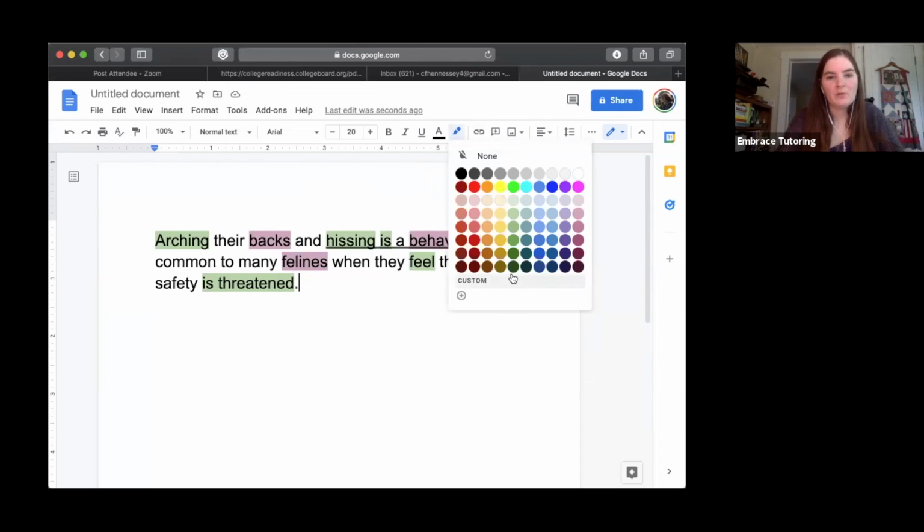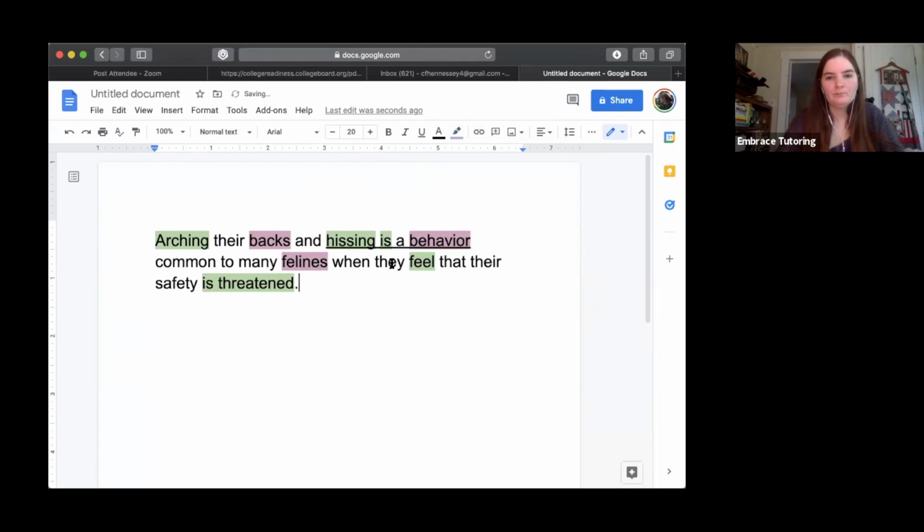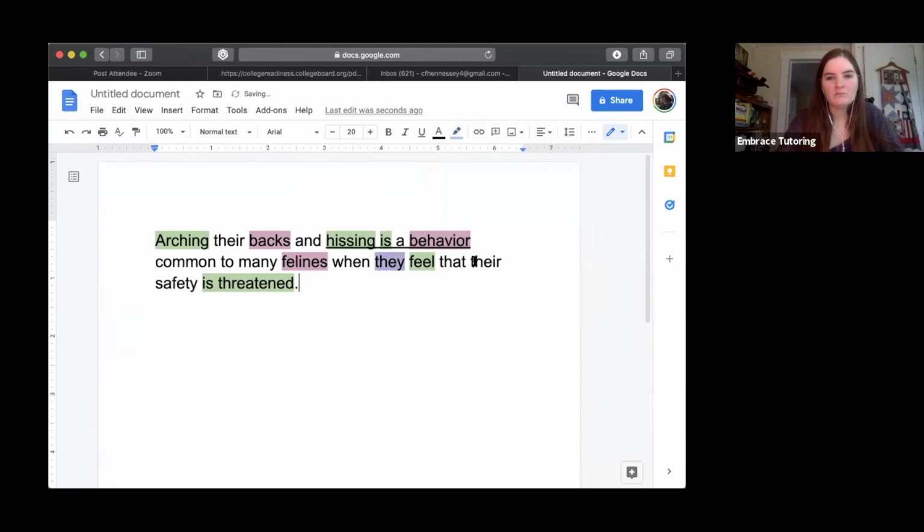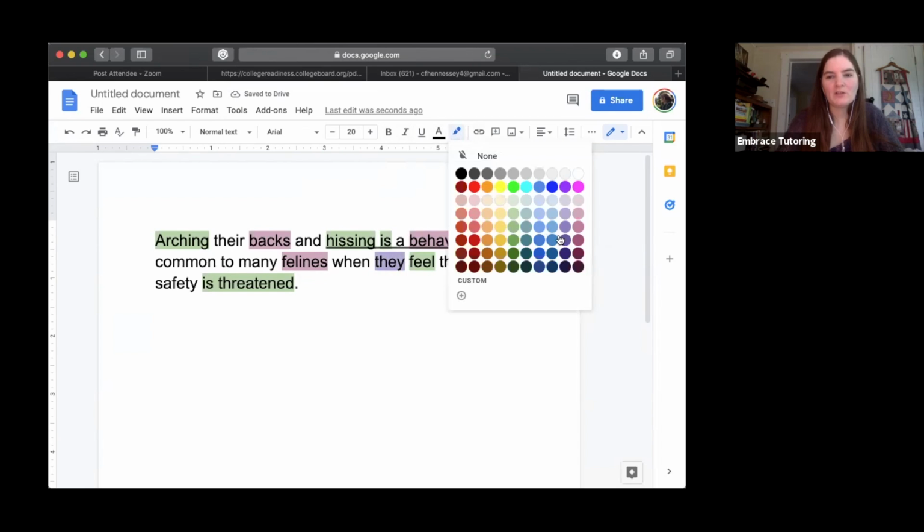We also have a pronoun, and I'm going to break that down. We have possessive pronouns, or possessive adjectives.